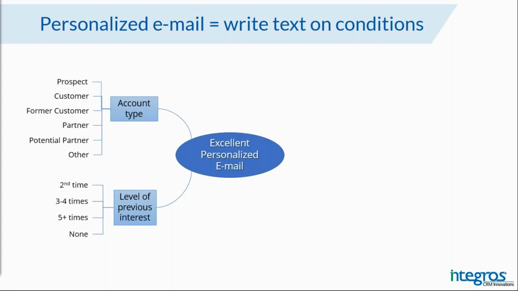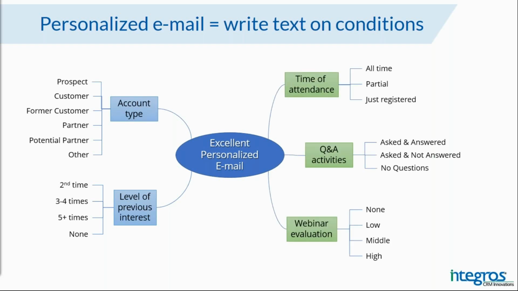And we need to consider the level of his interest, whether he's just reaching out, or we have had some communication before. We also need to consider the behavior data that we collected during the webinar. So it's our time of attendance, the Q&A results, like whether he asked some questions or didn't, and whether we have already answered those questions or not. And how did he evaluate our webinar?